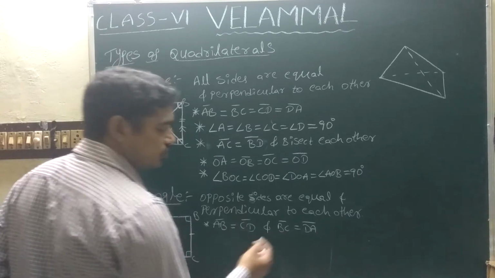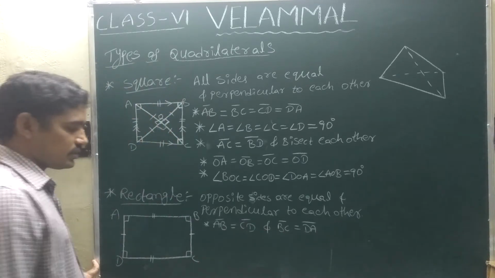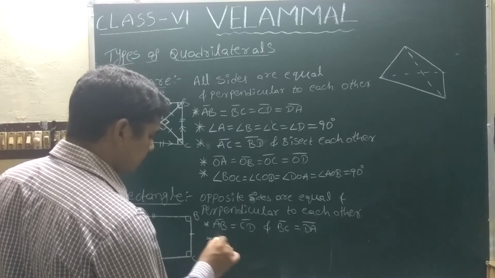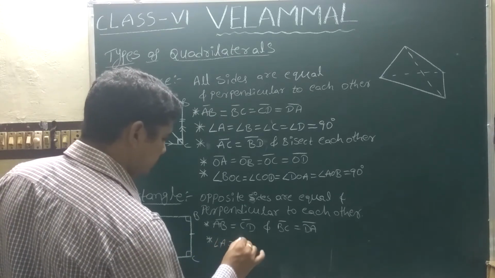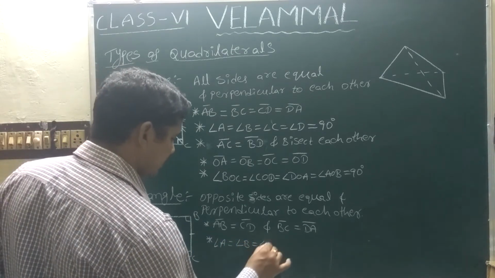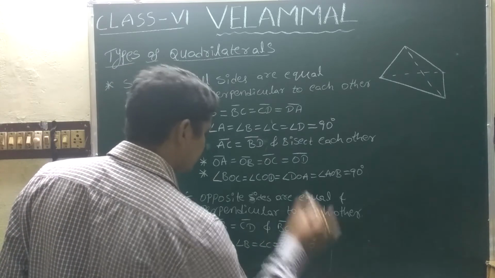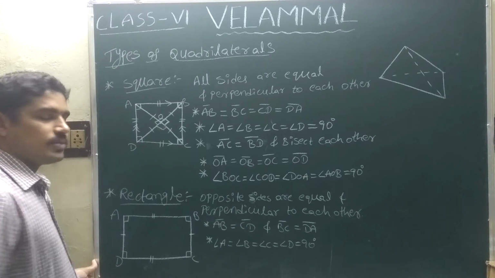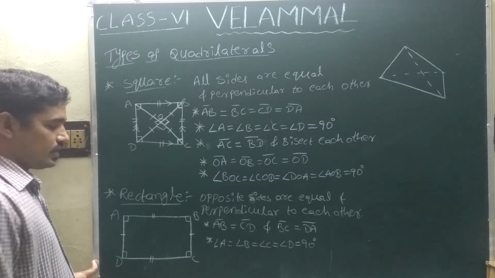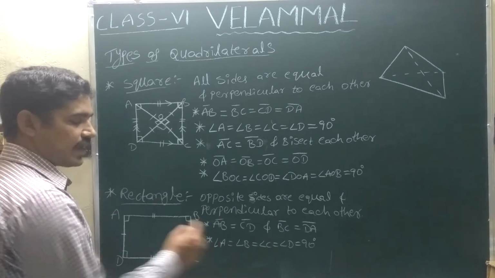Okay, these two sides are equal to each other. Next, angle A is equal to angle B is equal to angle C is equal to angle D is equal to 90 degrees. All angles must be equal to 90 degrees. So sides completed, angles completed.